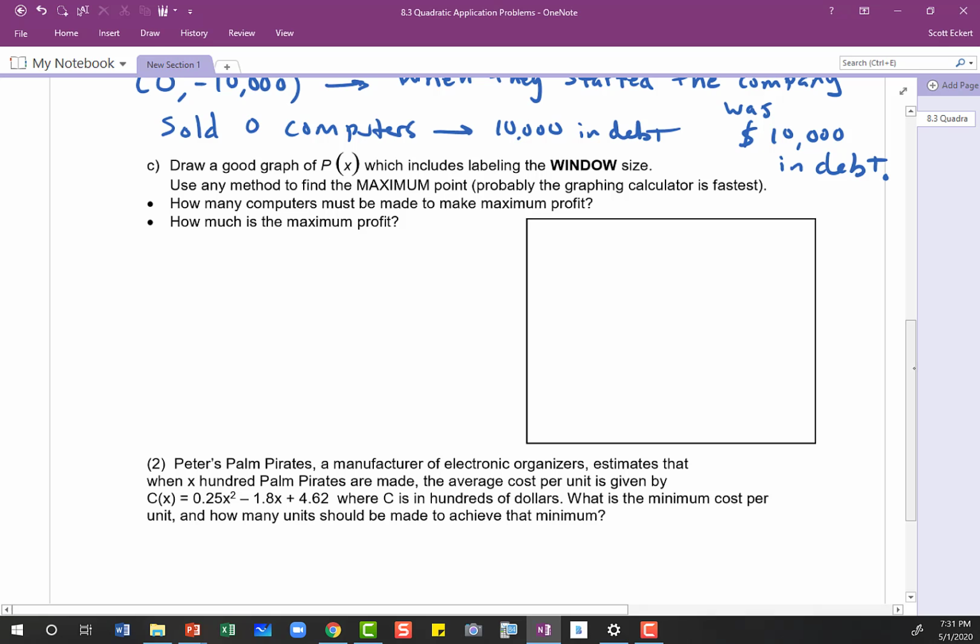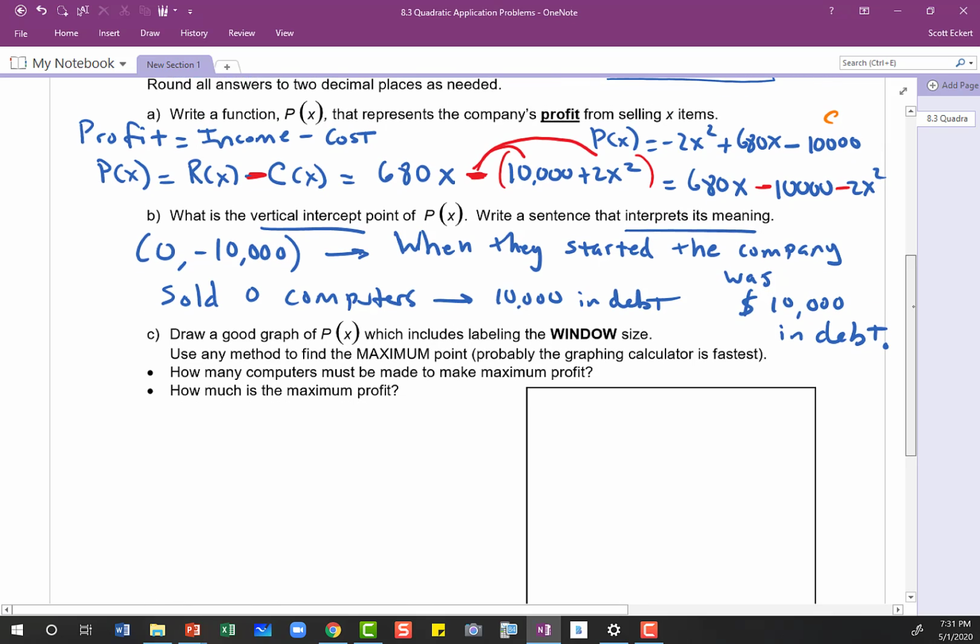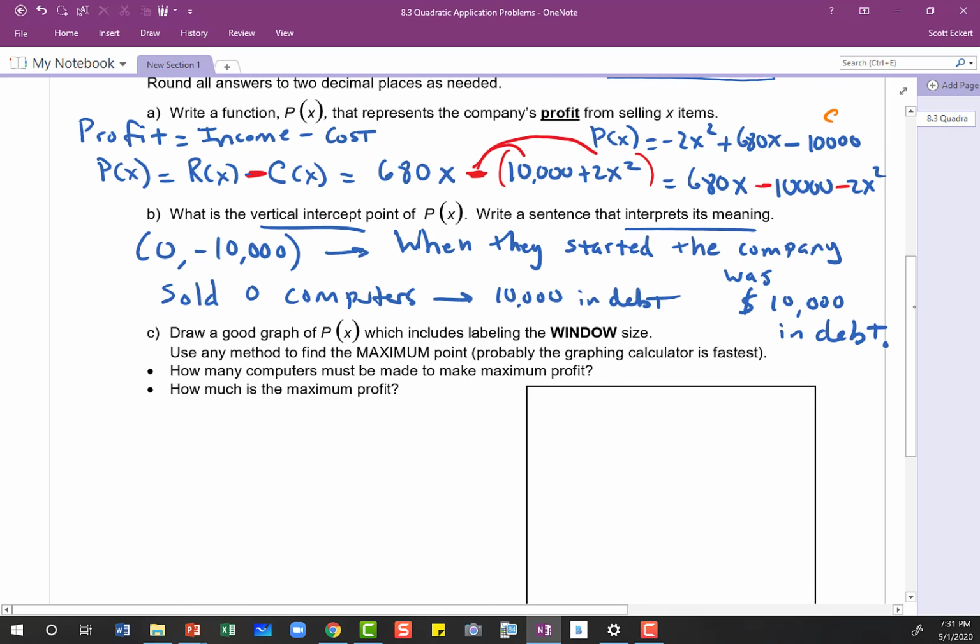Now, as you may remember from the equation, a equals -2, and it's a quadratic because it's x squared, so that means the parabola has to be shaped down.